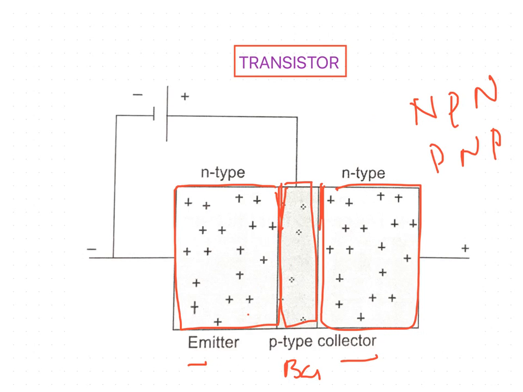Then a second source of EMF is connected, to the base and the emitter. Now the electrons can pass from the negative N type to the positive P type semiconductor, so the current flows across the base.